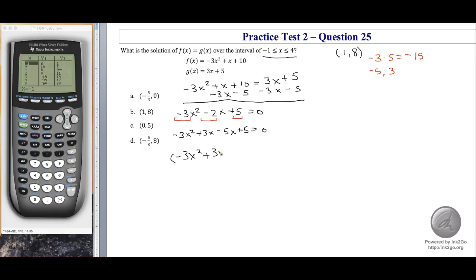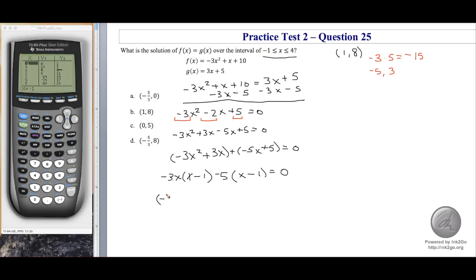I'm going to group -3x squared and 3x, -5x and 5. Factoring -3x from the first group, I get x minus 1. Factoring a -5 from the second group, I get x minus 1.